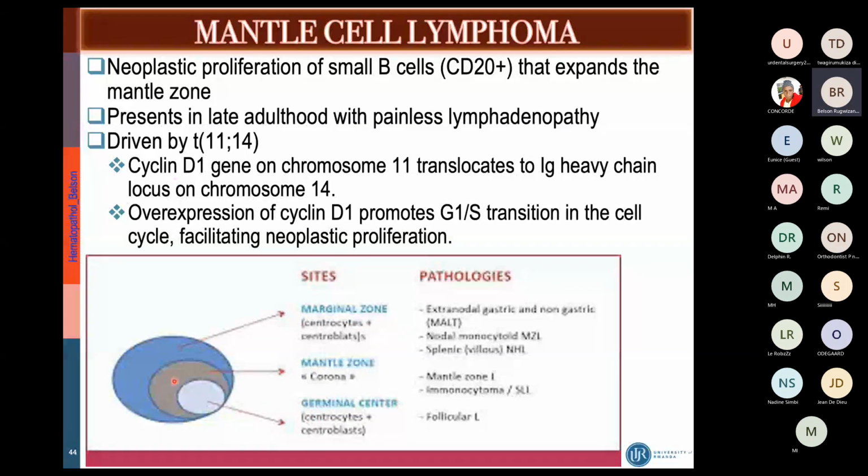So the mantle zone can have a lymphoma arising from the cells here, while a cancer from the germinal center is the follicular lymphoma. And then we also have what we call marginal zone lymphoma. Here we have a translocation 11 to 14, with the cyclin D1 gene translocating to the IG heavy chain locus on chromosome 14.